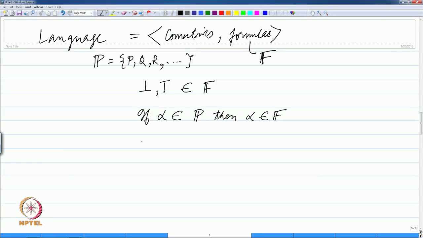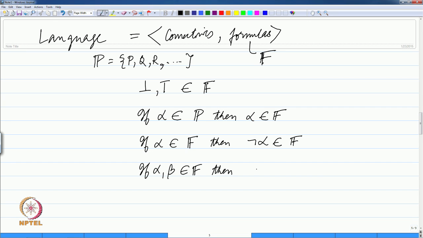Then, if alpha belongs to the set of formulas, then the expression not alpha also belongs to the set of formulas. So, this unary connective that we have been talking about, we will call it not. And finally, if alpha and beta belong to the set of formulas, then we often use brackets, but we do not always need to.